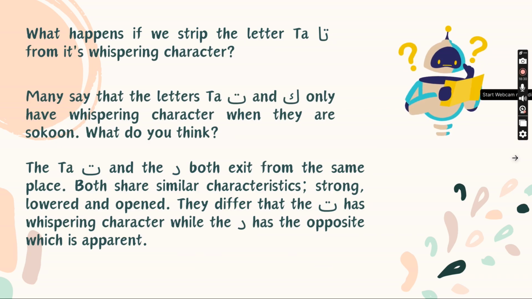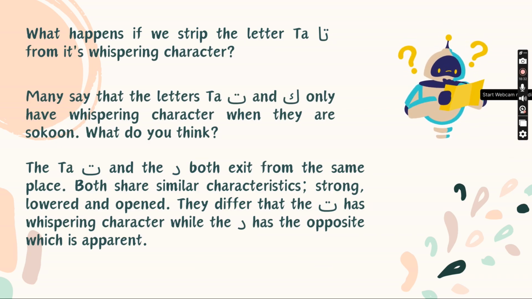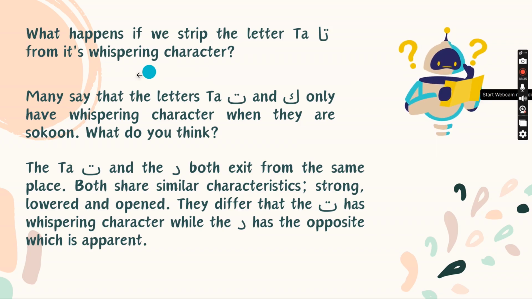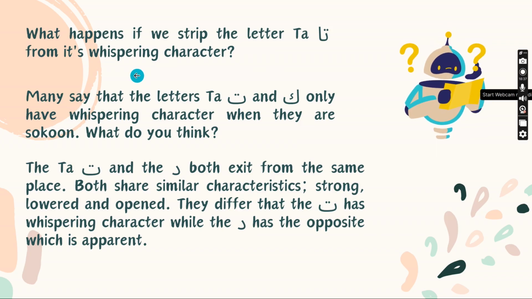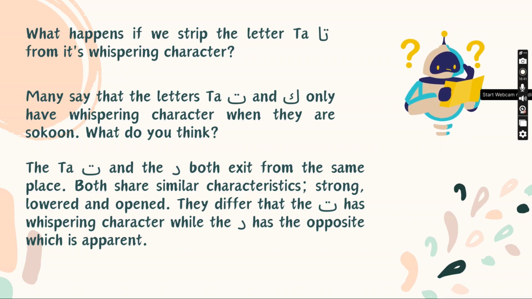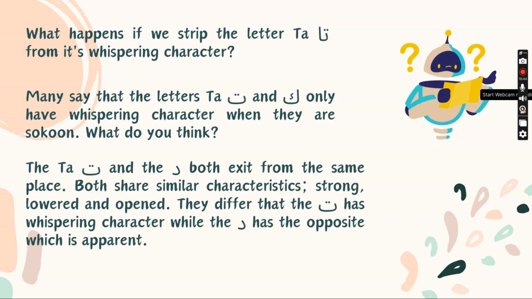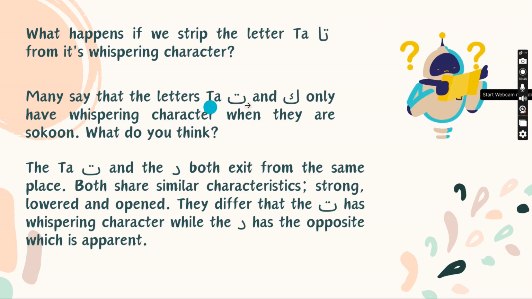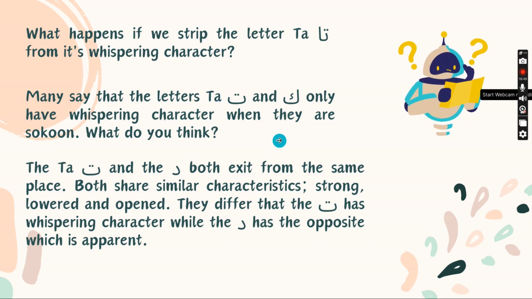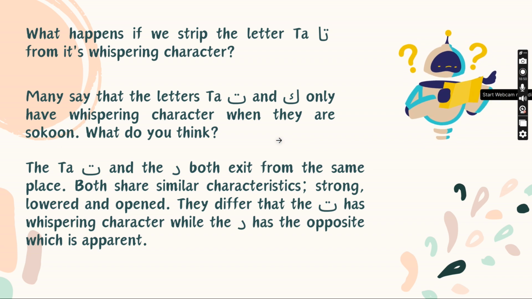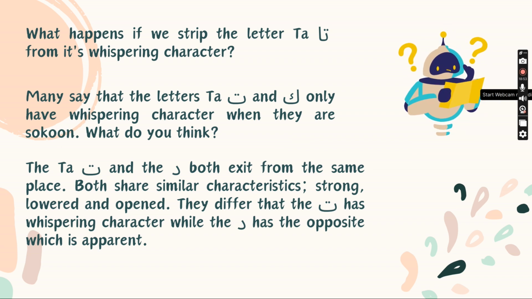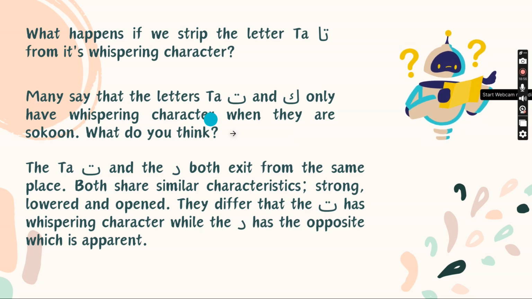Next time, inshallah. Now, this is a question that we will talk about also later. What happens if we strip the letter ta from its whispering character? Many will say that the letters ta and kaf only have whispering character, I just mentioned this, when they are sukoon. And what do you think? Of course not. Okay?